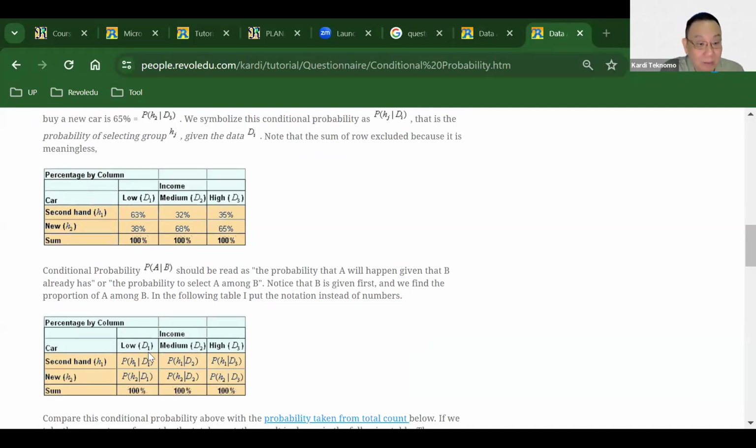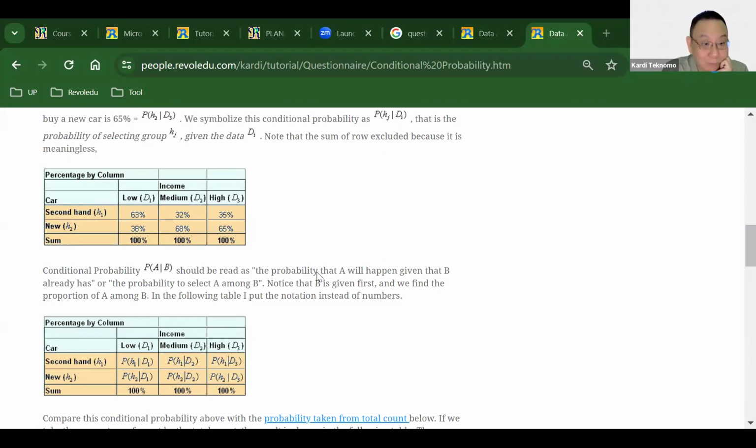Okay, but this conditional probability represents that given that this comes from a certain income, what is the probability that it will buy a second-hand car or yes. Maybe we did not know that it was conditional probability. Okay, so you encountered this before. So the name only, right?